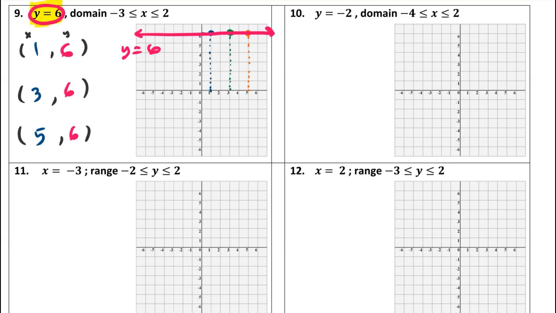Oh, I'm so sorry. I forgot the restriction. The domain is -3 and 2, so x between -3 and 2. At -3, we're going to cut it right here, and at 2, you're going to chop it right here.